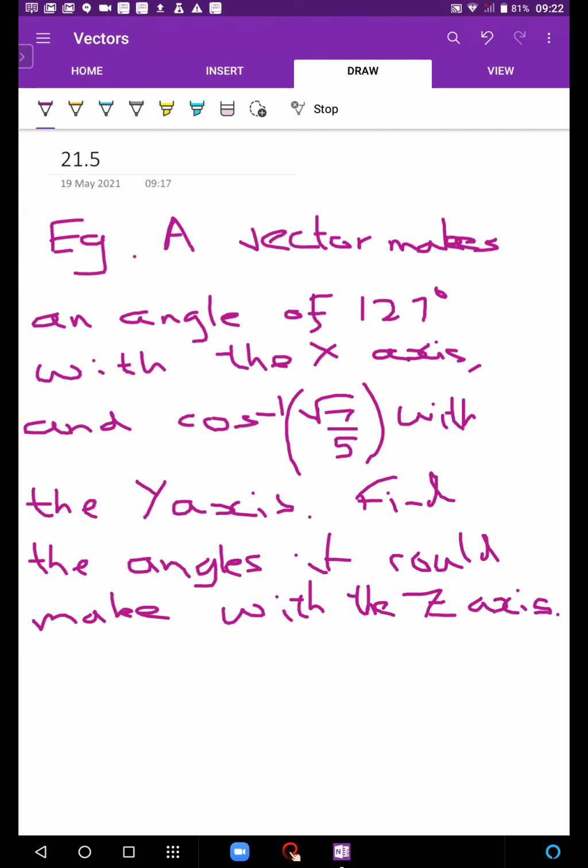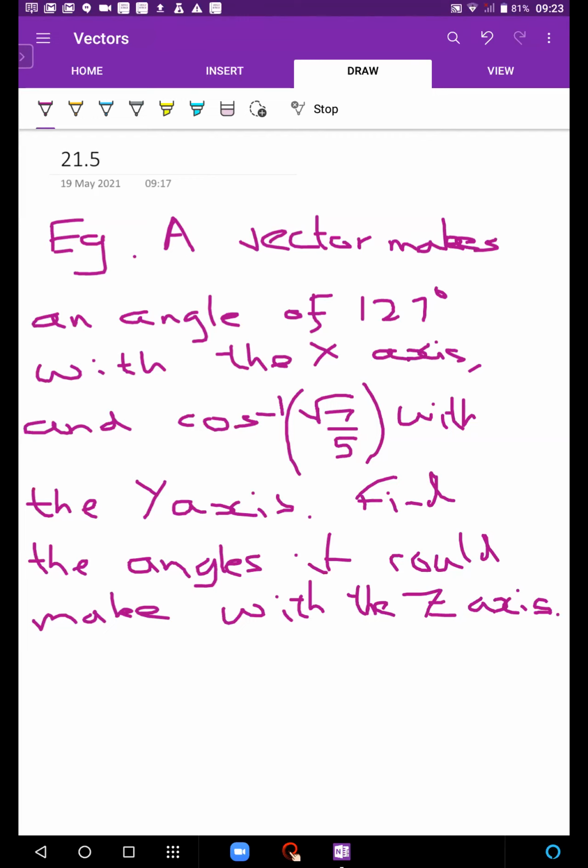Okay, remember these angles are not independent. If two angles are given, the third angle is more or less determined. Smriti, is that the only answer possible? That's right, Smriti. Molly, again, there are two answers that you can get.